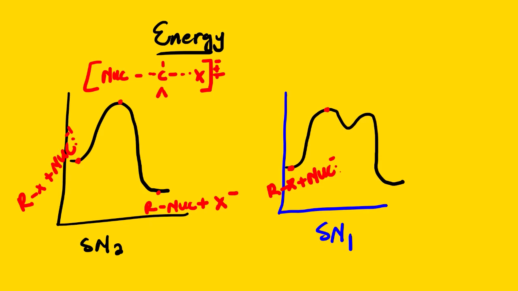We have two transitions in SN1 reaction. This is where we have our rate limiting step, the formation of the carbocation ion. This is the first transition state, and then we have our intermediate. This point we call the intermediate.